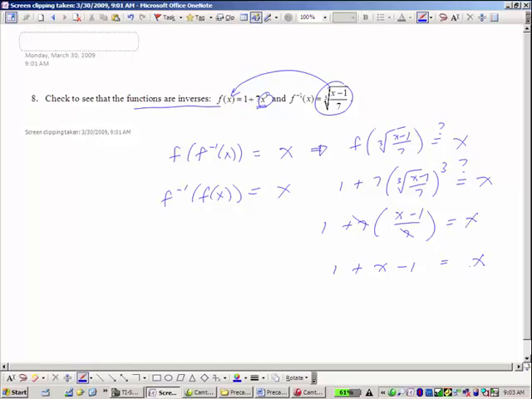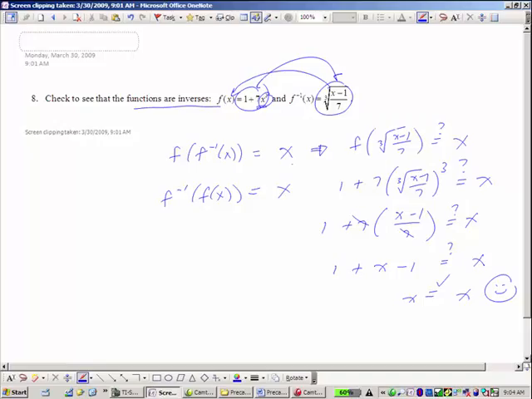What happens when you get 1 minus 1? So we have x equals x, and that makes us happy. Hey, that's like a trig identity almost, didn't you think? You like those. But we're not done, because we'd have to do the same thing except plug this into that. So it's a two-way street. You got to do both.